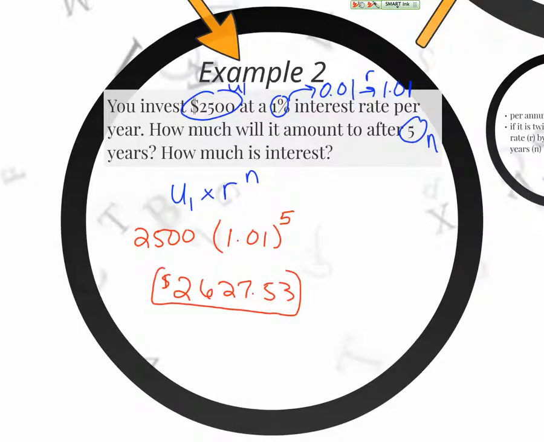So after leaving our money in there and not touching it for 5 years, that's how much we would end up with. So how do we figure out how much is interest compared to how much we originally started with? Any ideas?